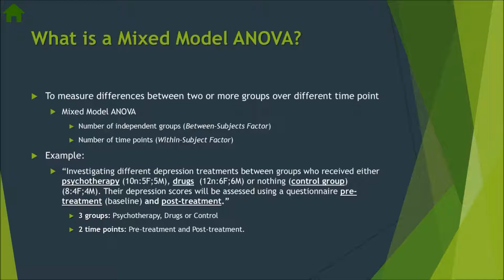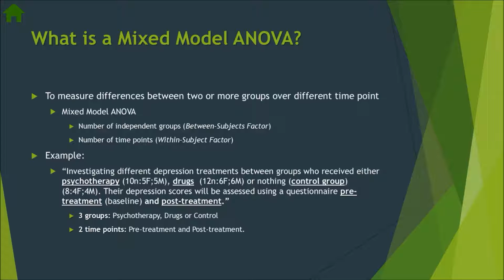So, what is a two-factor ANOVA with repeated measures on one factor? This analysis is very similar to a dependent t-test, where you measure the differences within a group over a repeated measure. However, for this analysis, we also analyze the differences between groups, whereas with a dependent t-test, we're only looking at one group and the differences in the means within that group.